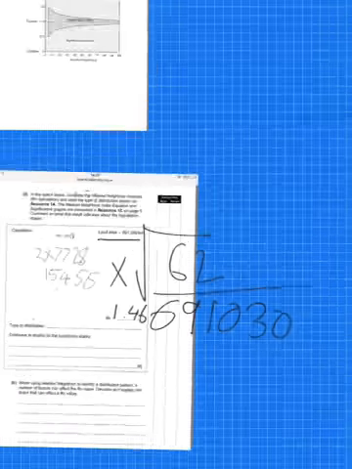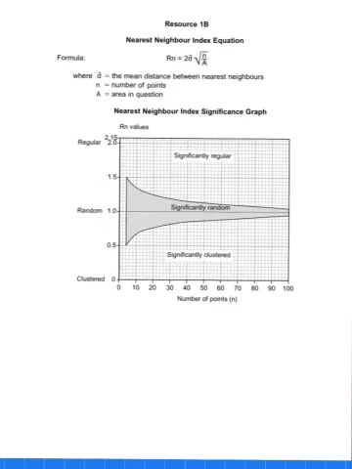Okay, so what does that 1.46 value mean? In order to find that out, we have to look back up to our formula sheet, read across. So we have our RN value, which is on the y-axis. Remember, we were 1.46, which will be approximately here, and we'll read across on the x-axis to the number of points that we had. Remember, there were 62 airports in Texas.